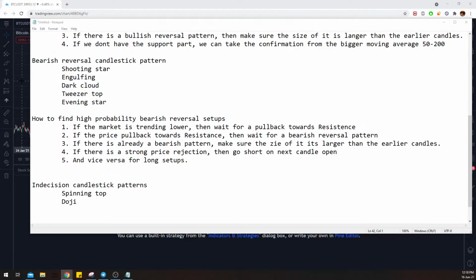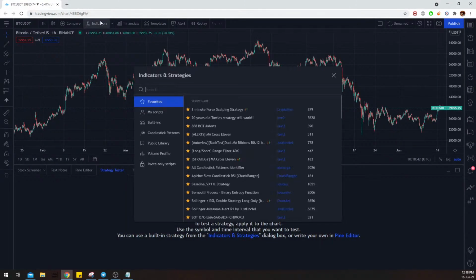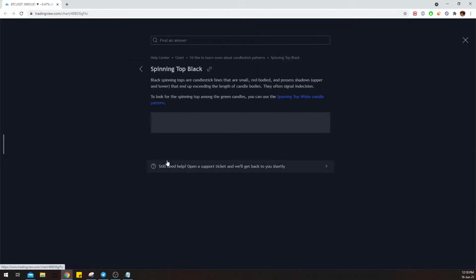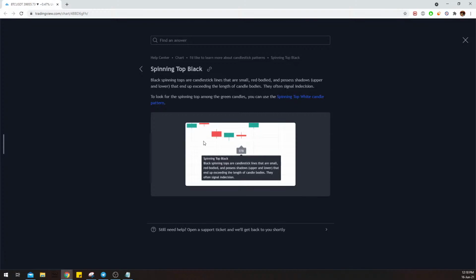Let's continue with the guide. So we have the spinning tops and the dojis. Let's go here, spinning tops. You see we have the spinning top black and white. The black spinning tops are candlestick lines that are small, red bodied, and possess a shadow. A shadow, if you noticed, is the difference from the open until the high and from the close until the low, these are wicks.